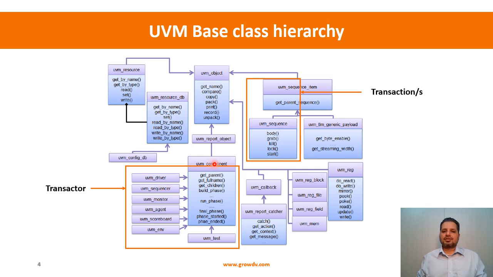What it means is, since they extend this particular class, they inherit all those virtual phasing methods which we need to implement: the build, connect, run, report, check. All those virtual functions will come in as part of UVM test, part of UVM driver, part of UVM environment. Each of these components that we are seeing inheriting over here will have those methods. And keep this point in mind that just because they have inherited, they don't need to populate all the virtual functions.